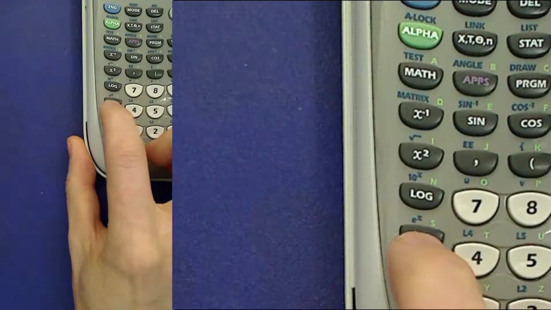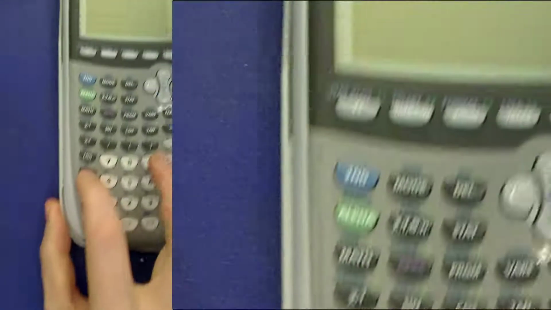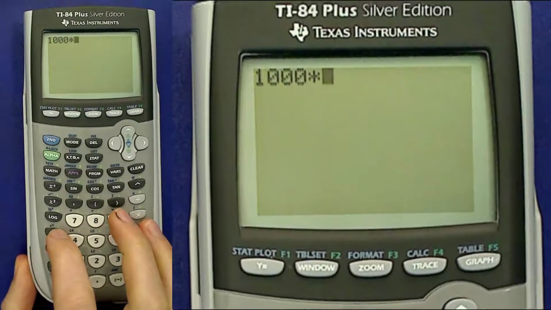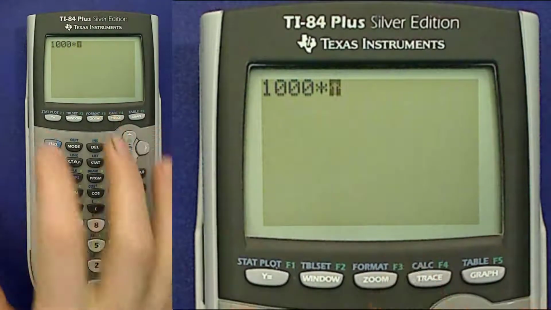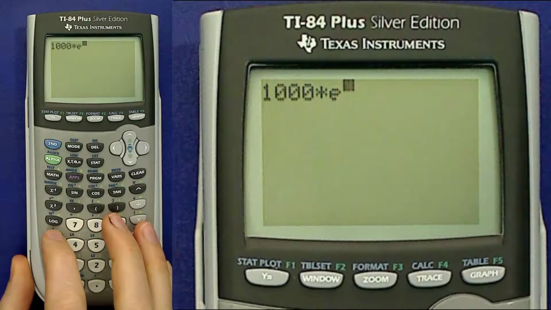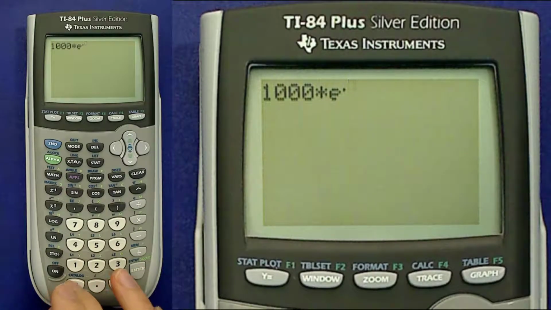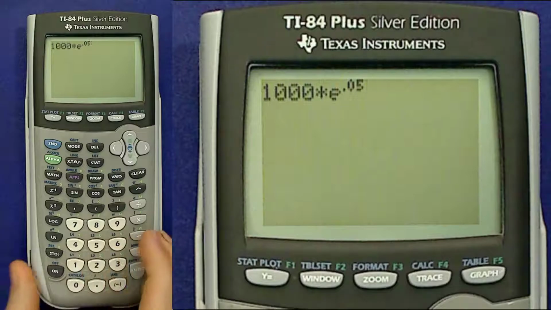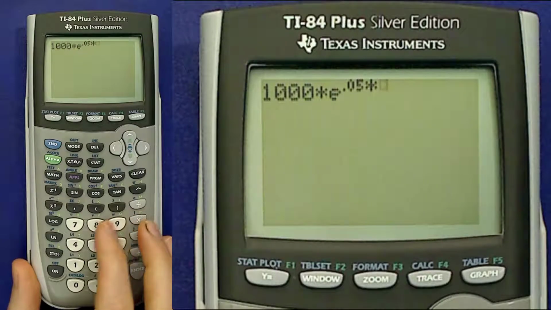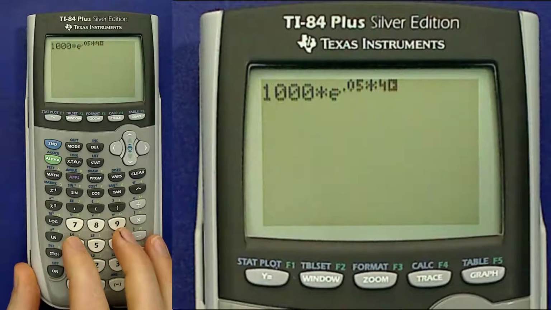You can see it says e to the x right there. That's the best way to do the magic number e to a power. Then we multiply the interest rate expressed as a decimal, which for this problem is 5%, so 0.05 times, and the time t is 4 years.